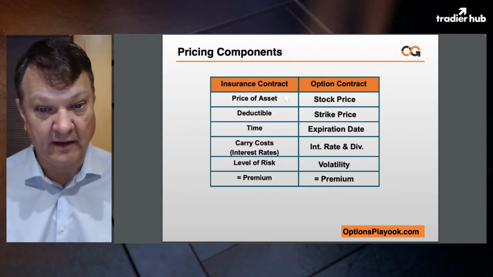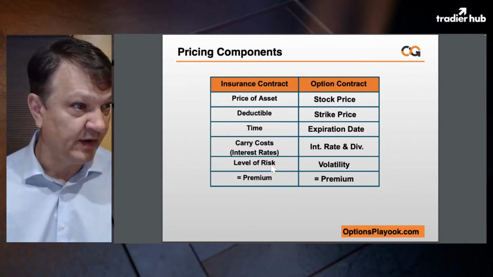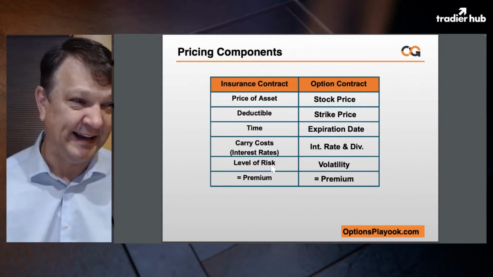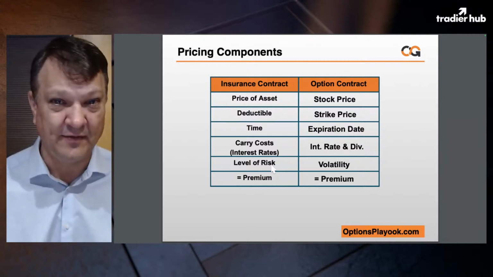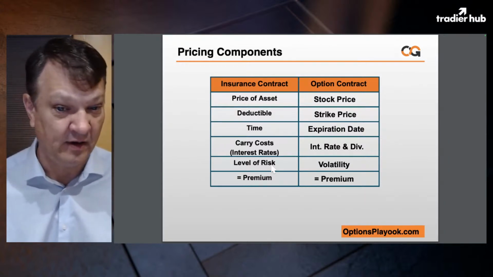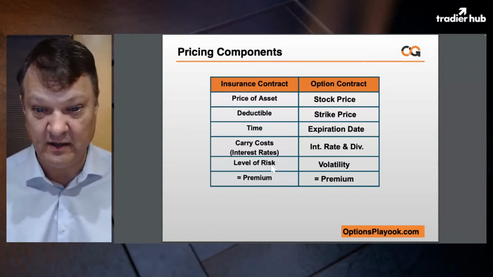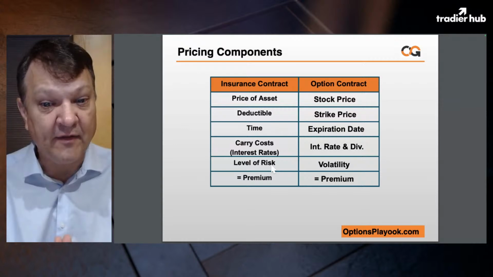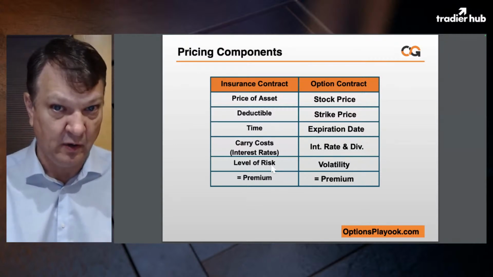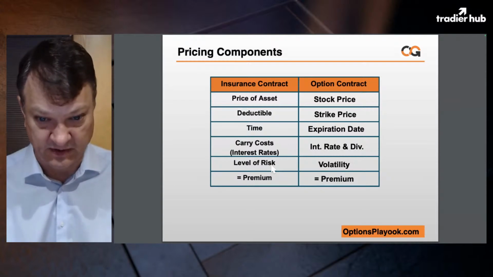All right, level of risk. So in the car insurance world, is the person a Navy SEAL who might just drive the car off a cliff as a training exercise? Or are you a father of 5 and a teacher who drives around a Chevy Caravan, right? There's a different level of risk between those two individuals.